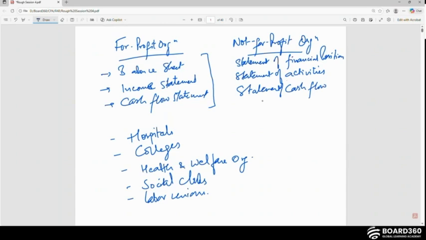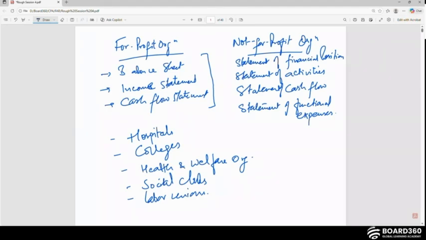And there is one more statement that may be reported separately or in the notes of the financial statements, which is the statement of functional expenses. Here we will be covering all the expenses that can be there for the function of the not-for-profit organization. Okay, so these are the main four statements that we will be learning about.